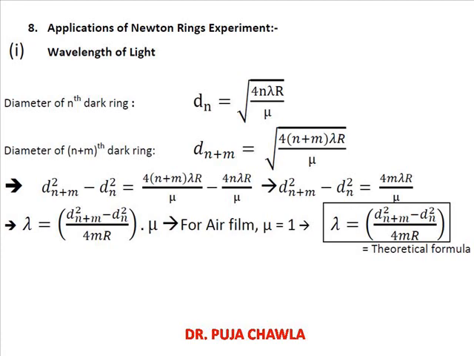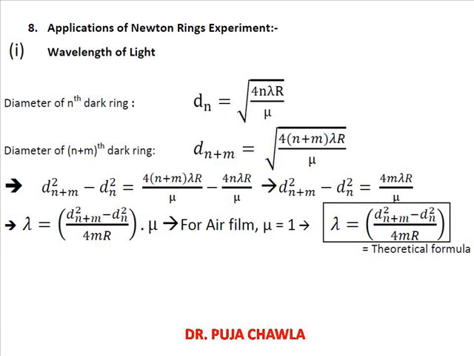Is it clear? Now if I consider the case of an air film, again mu would be 1 and the formula comes out to be as shown here. This is the theoretical formula for determining lambda. Now focus on this formula and determine the factors upon which lambda depends.